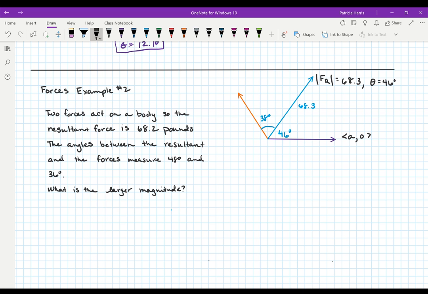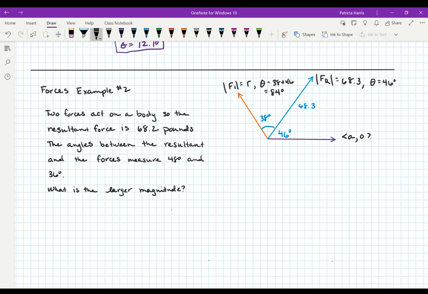Now this orange force here, I'm going to call force 1. I don't know its magnitude, so we're going to call the magnitude R. And the direction angle is not 38, it's actually 38 plus 46, because remember your direction angle is always measured with the horizontal, so that is going to give you 84 degrees.